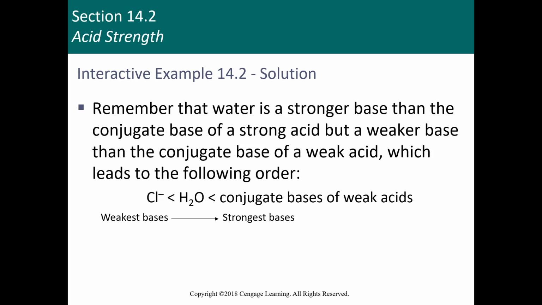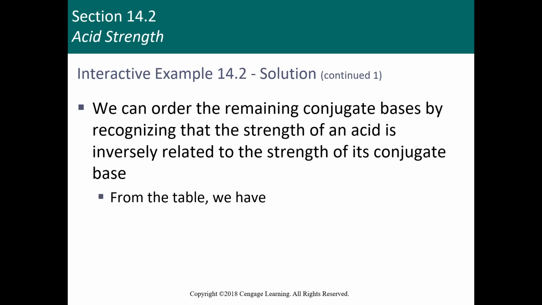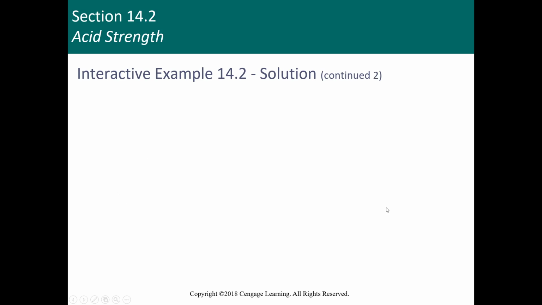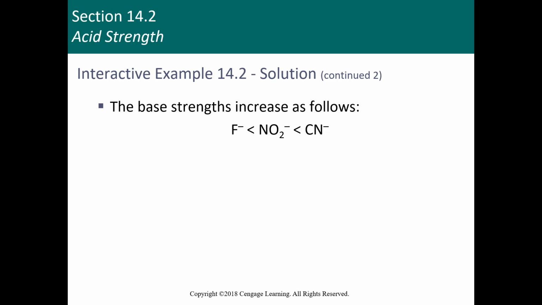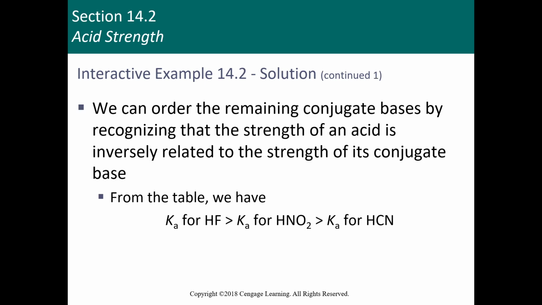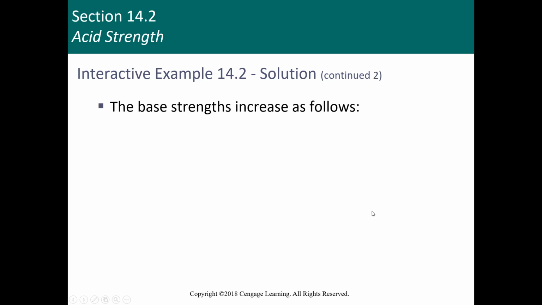And so what we're going to do next is we'll then use the table. And so we look at the table. The Ka for HF is greater than the Ka for HNO2, which was greater than the one for HCN. And so we take our conjugate bases for those. We flip these arrows, and there we go.